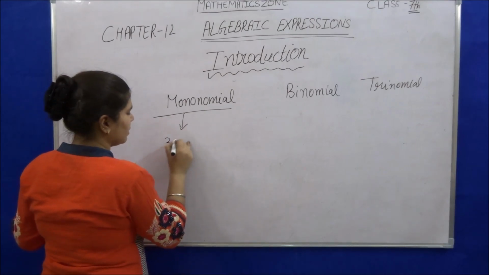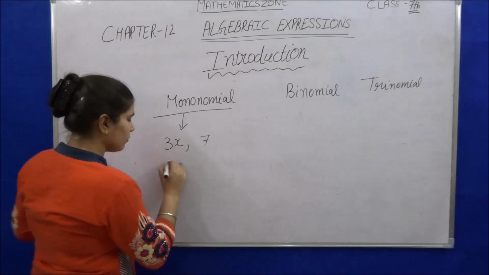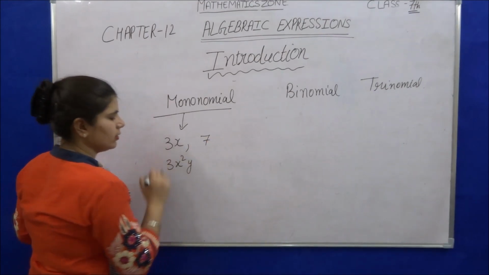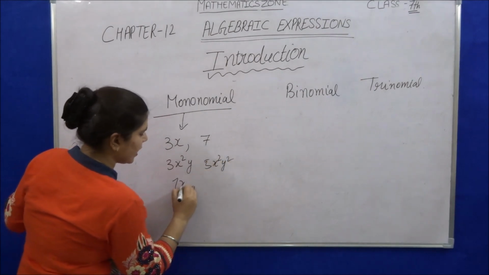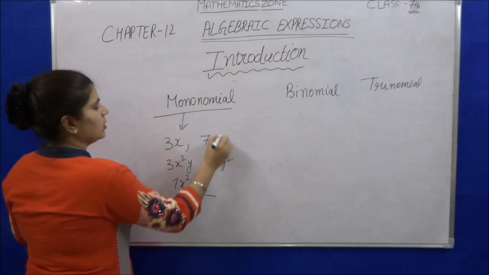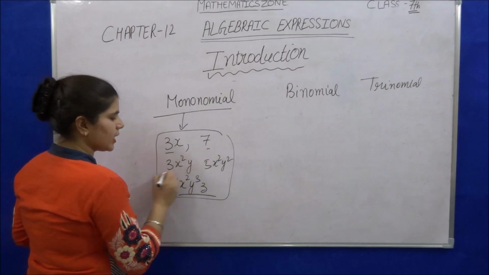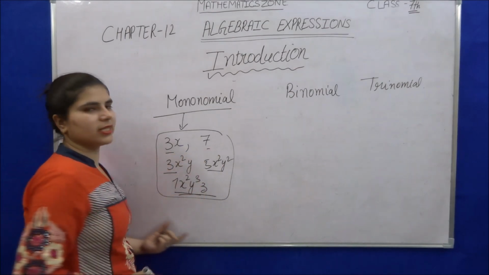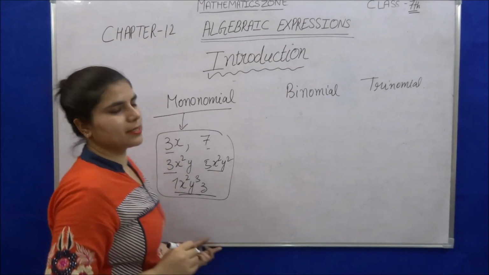For example 3x or 7, 3x square y, 5x square y square, 7x square y cube z. These are all monomials because in all these expressions only one term exists.